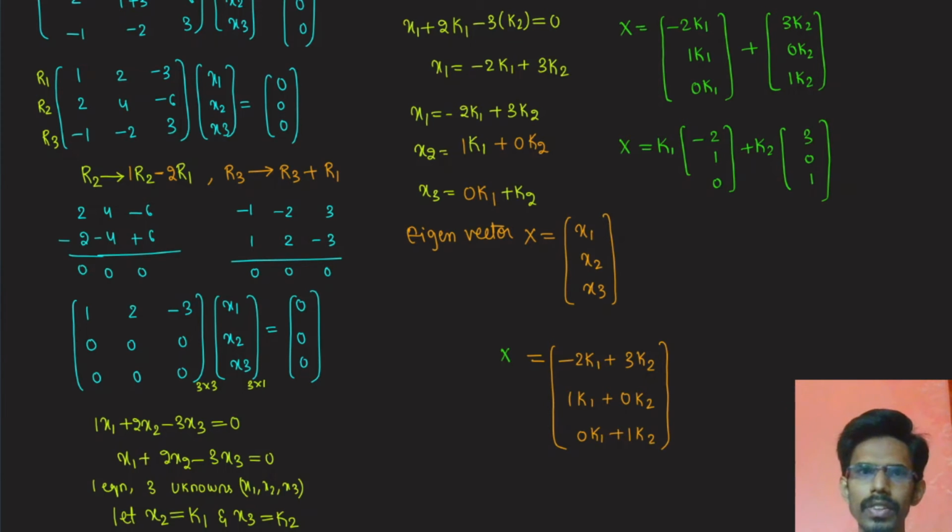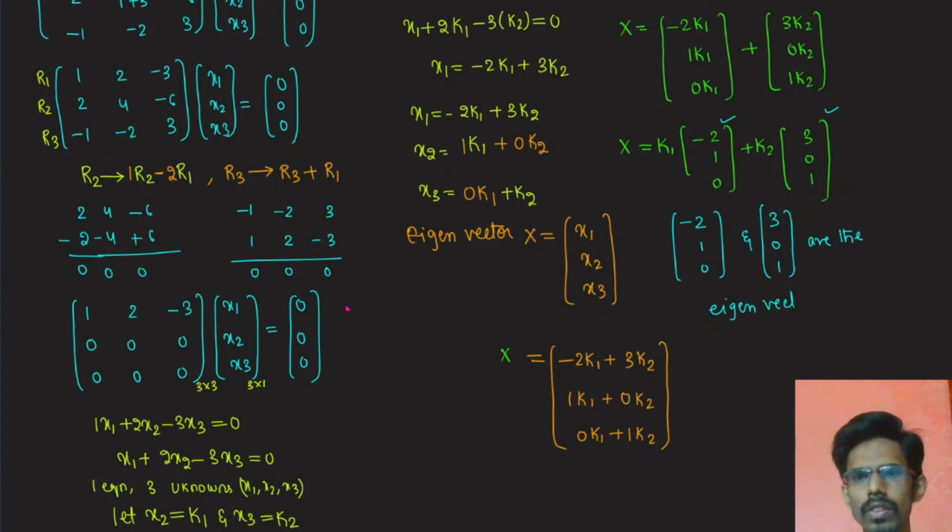Here this -2 1 0 and 3 0 1 are the eigenvectors for lambda equal to -3.